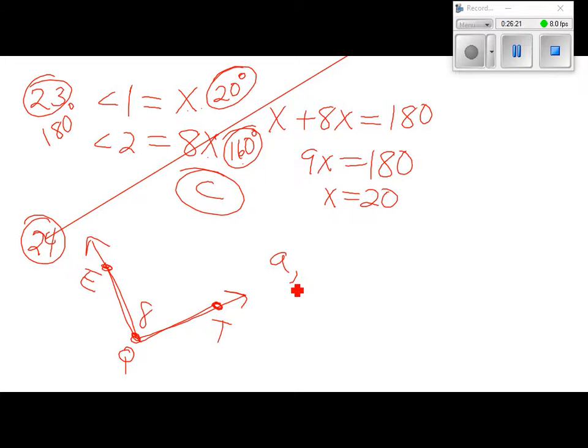Then we got angle 8. Okay, we can call that angle 8, so B works. EQT, that's this, so EQT, that works, so C works. Then D is all of those, so the answer is D, because all of them work. Those are all ways to name that angle.